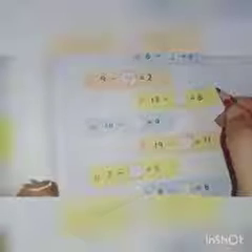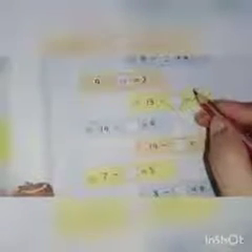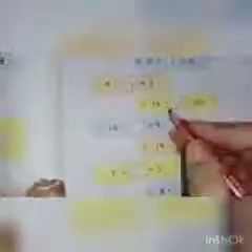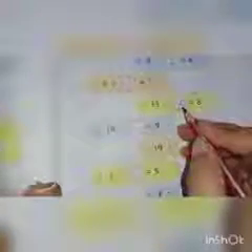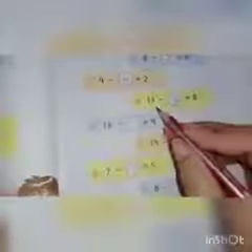Students, we reached the number 13. Let's count. How many dots do we have? 1, 2, 3, 4 and 5. Here we have 5 dots. Let's write 5 here. Students, when we subtract 5 from the number 13, we get the answer 8. 13 minus 5 is equal to 8.